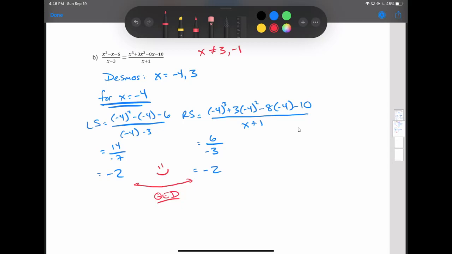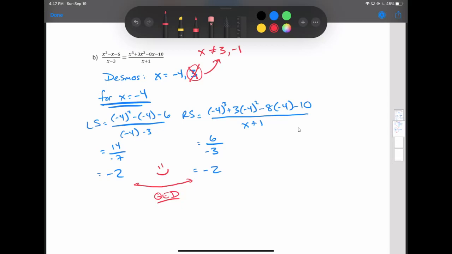And now I should go back and double check the same thing with x equals 3. Except, I know that x cannot equal 3 because that's one of my restrictions. So now the nice thing is I don't have to do a left side, right side proof for that one.